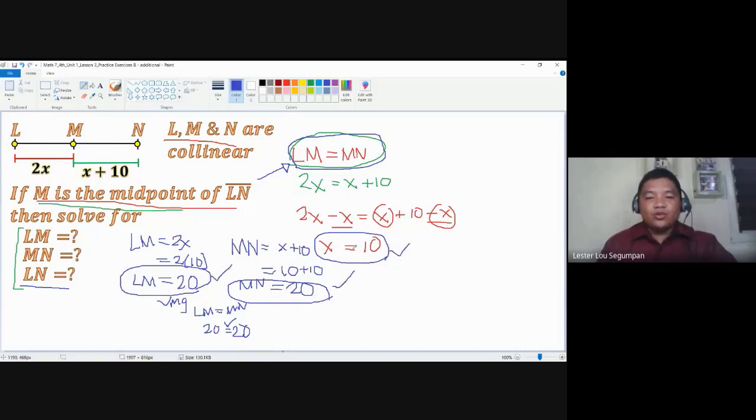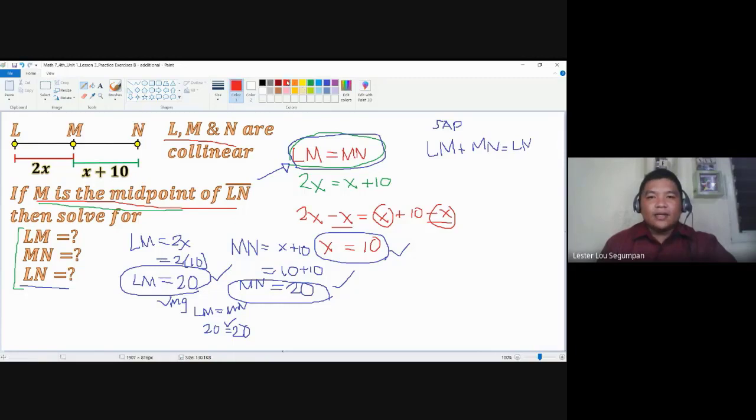Since we are now sure that these three unknowns are already correct, we can now solve for LN. And how is that? We could use here the segment addition postulate, which tells us that if the points are collinear, the sum of the smaller line segments must be equal to the length of the longest line segment.